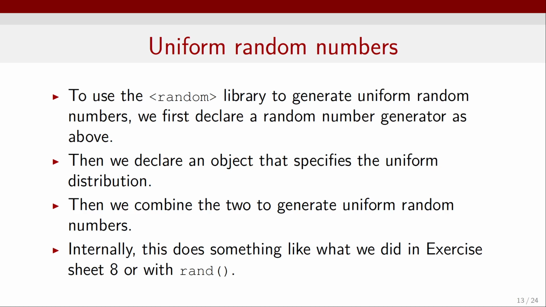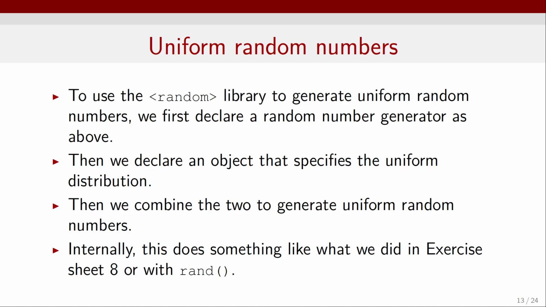Now, we have discussed how to generate integer random numbers and how to convert those to a uniform interval 0 to 1. In general, we're more interested in uniform random numbers and trying to generate them directly. To use the random library to generate uniform random numbers, we first declare a random number generator as done above.